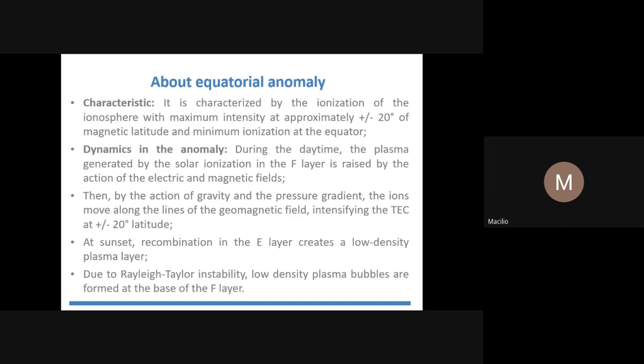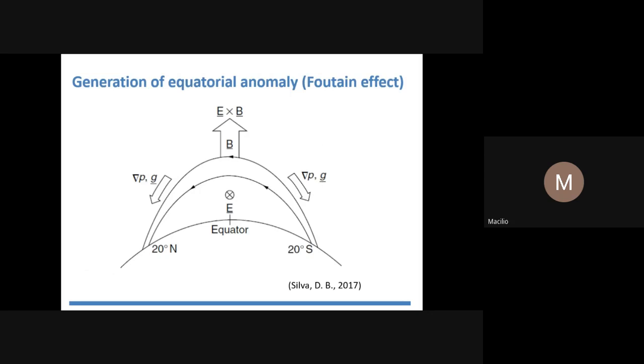Okay. This scheme will show the process of generation of the equatorial anomaly. About the equator, we have the ionization that produces a lot of plasma.